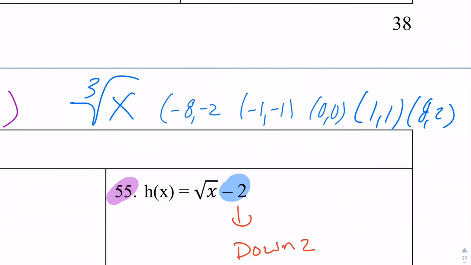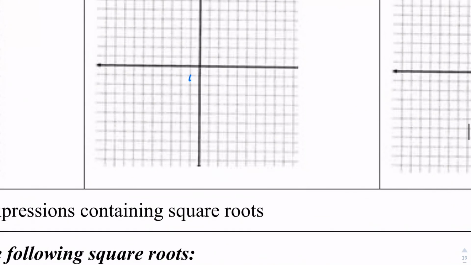Okay, so I'm going to start by plotting those 5 points. We've got those 3 through the middle that I talked about, and now on the outsides, we have 8, 2, and negative 8, negative 2. All right, I think that's at 8. Let me count: 1, 2, 3, 4, 5, 6, 7, 8. Sure is.